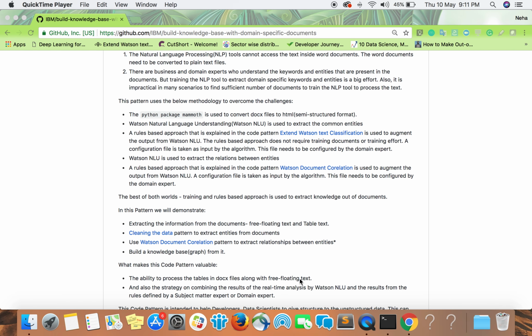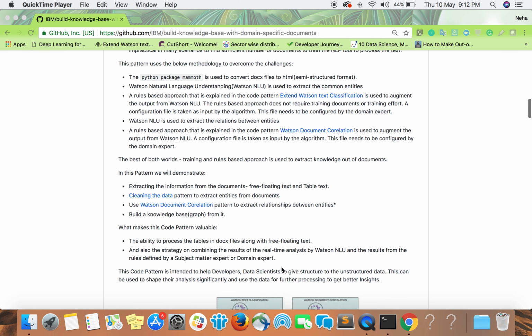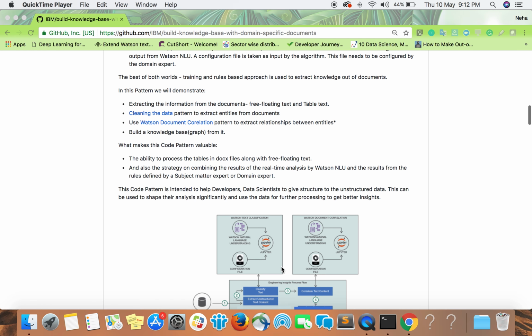The domain specific expert or the subject matter expert just has to configure the files config_relationship.txt and config_correlation.txt, in both, to process the code patterns Extend Watson Text Classification and Watson Document Correlation as per their domain.